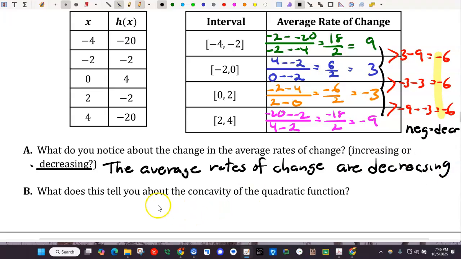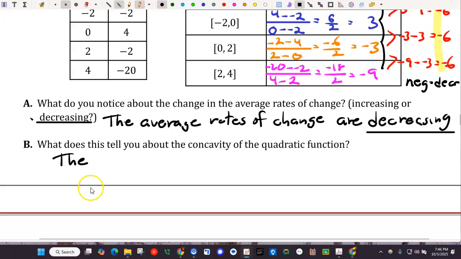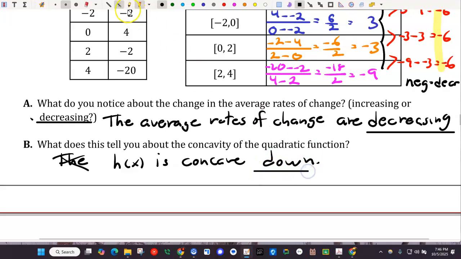And what does this tell us about the concavity? Well, if it's decreasing rates of change, right, it's going to be concave down. So just say the function, or h of x, let's just say h of x is concave down.